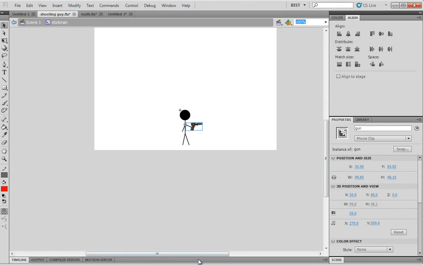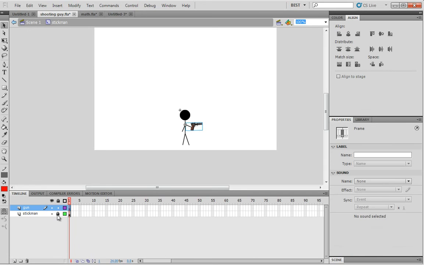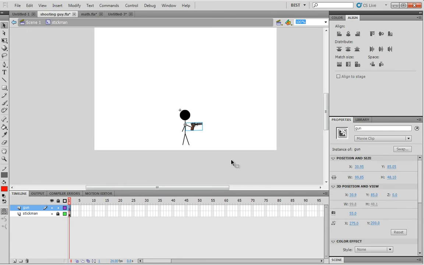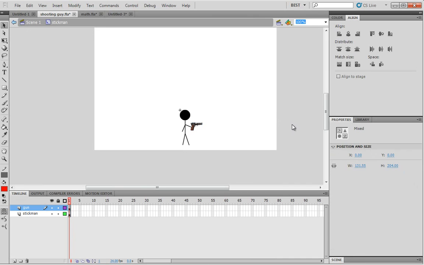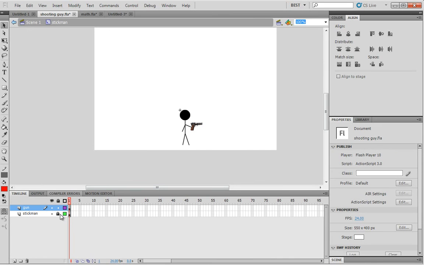Maybe you should unlock your layers, select everything and then put that at 0 0. This way your guy will be okay. And then you can lock down your stickman.